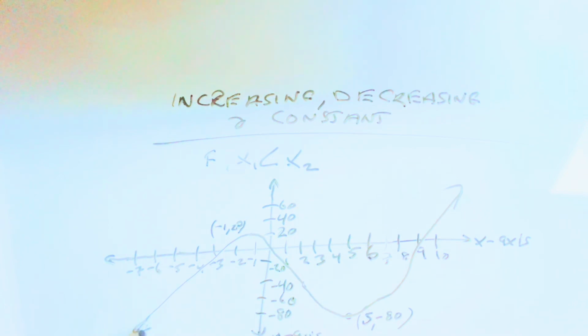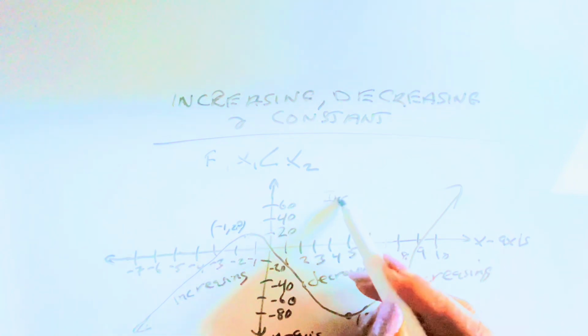We know from this end to that end, it's going up. So here it's going to be increasing. And then it's going to be decreasing from this point to this point. And then it's increasing again from this point to that point.